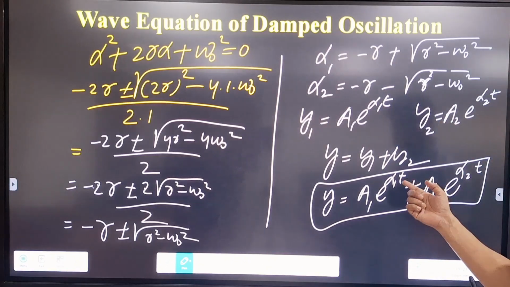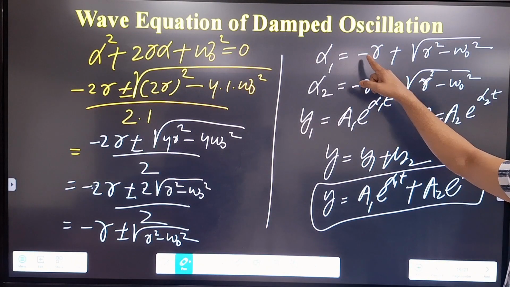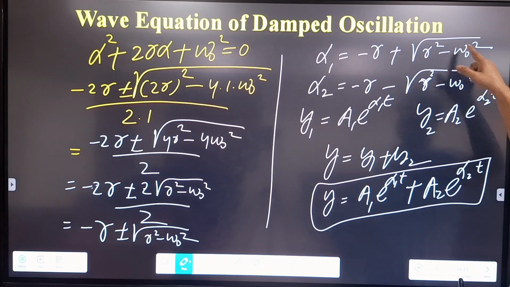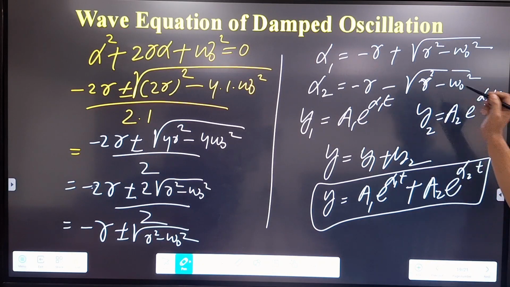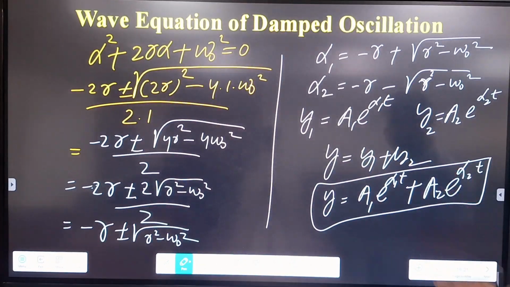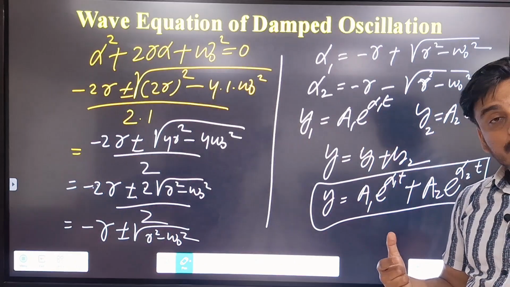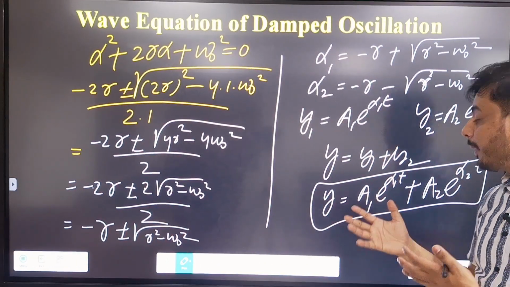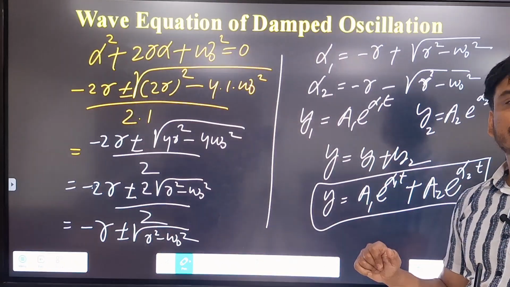And here you can also put the values of alpha 1 and alpha 2, where alpha 1 equals minus r plus the square root of r square minus omega naught square, and alpha 2 equals minus r minus this square root term. So this is the most general solution. And a1, a2 are always constants, whose values can be found by using the different conditions. Hope you understand this one.